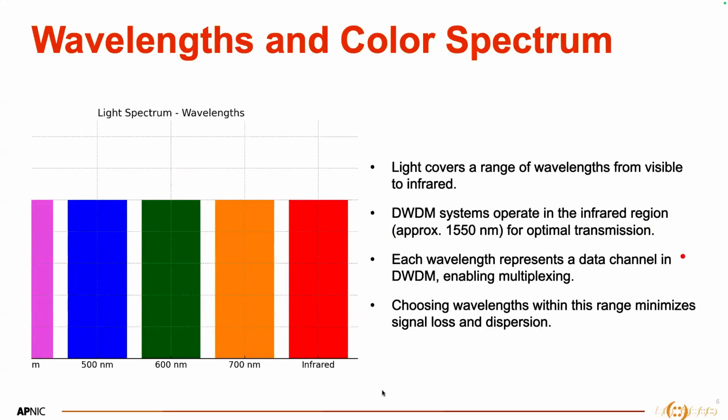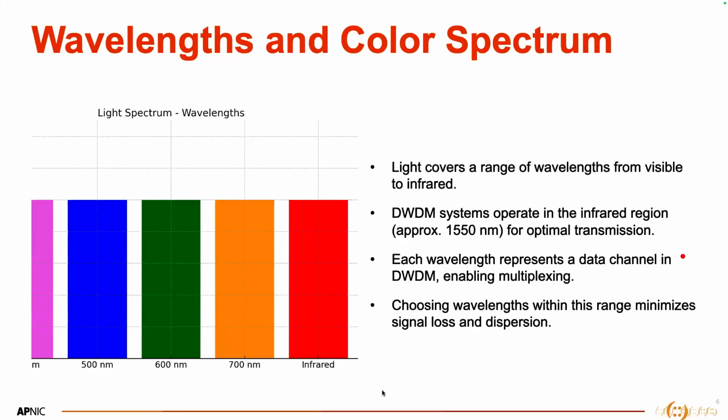So, wavelengths and color spectrum. There are visible rays, there are invisible rays. There are some segments of light which we do not see, and some segments of light which we see. We can differentiate between different colors, right? Those colors we are seeing fall into the visible range of optical wavelengths.